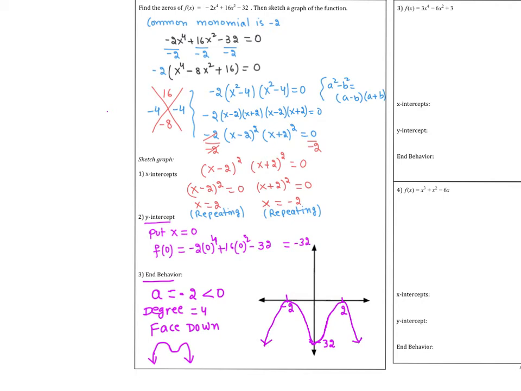So it's a face-down W-shaped graph where the x-intercepts are negative 2 and 2. Since they both are repeating roots, the graph will touch the x-axis and go back. It will cross the y-axis at negative 32 because the y-intercept is negative 32.